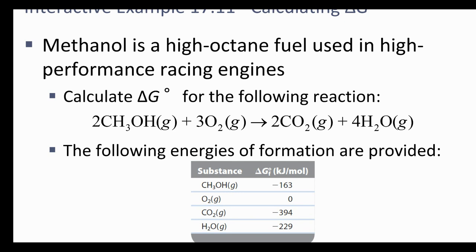These are in kilojoules. Okay, that's our product, right? Plus 4 moles times negative 229, minus 2 times negative 163, plus 3 times 0.